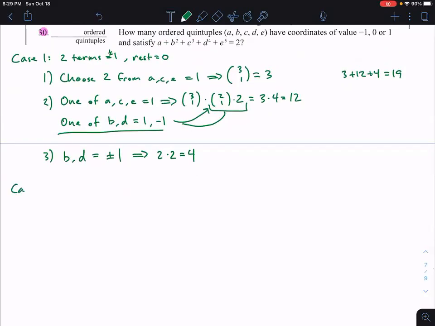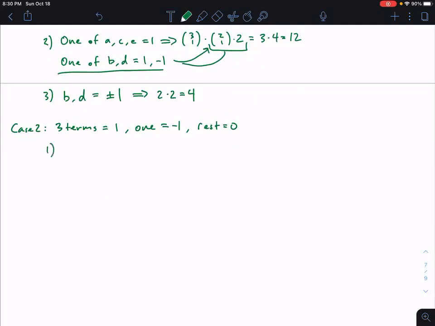Now we can do case 2. This is so much work. Case 2, we want 3 terms to be equal to 1, and we want 1 term to be equal to -1, and then the rest are 0.